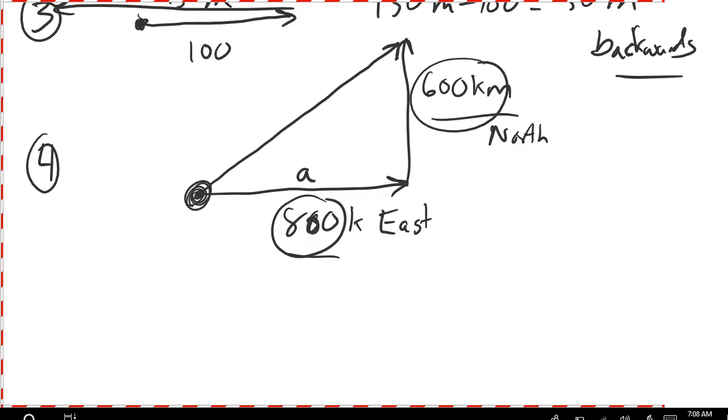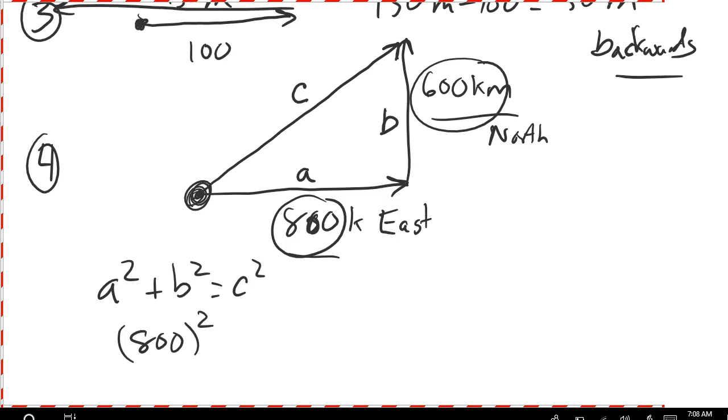If we label this side A, side B and side C, we have the equation a squared plus b squared equals c squared. To solve this, A would be 800, so 800 squared plus B would be 600, 600 squared equals c squared.